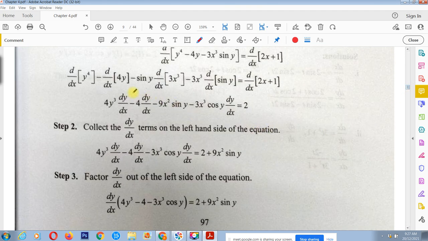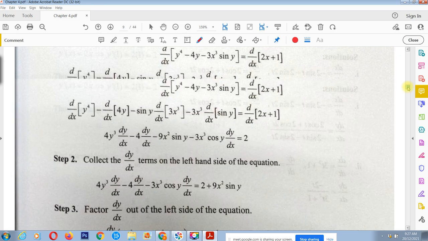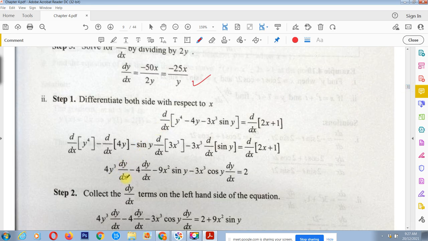Okay, so we have this. Differentiate this, we get 3 dy dx and then 4 dy dx. This is chain rule. See, we have this and this, and then we have this. So simplify this, making sure of this bracket here. So negative 9x squared sin x. Then we can collect the dy dx.